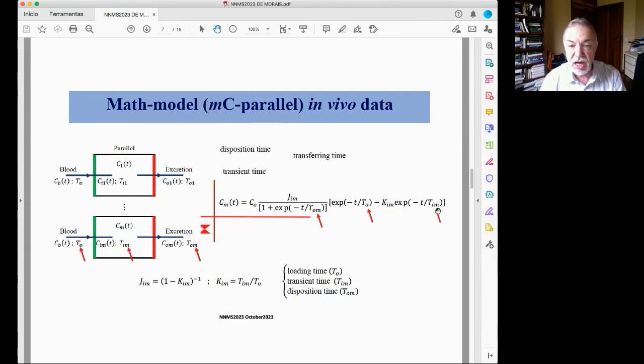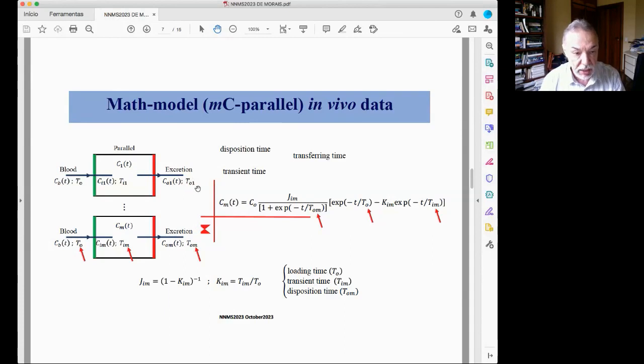Besides the loading time, you have the transient time. So TIM is the transient time, like this one here, TI1. The transient time is the typical time the material stays inside the biological compartment before being disposed from that particular compartment.